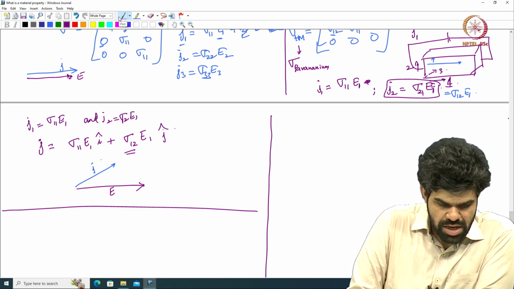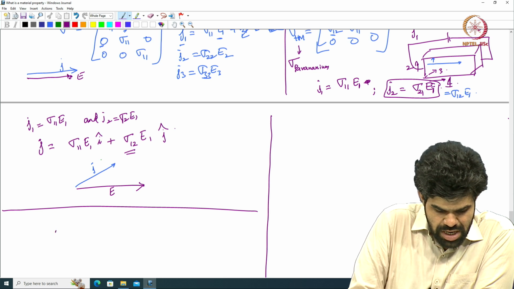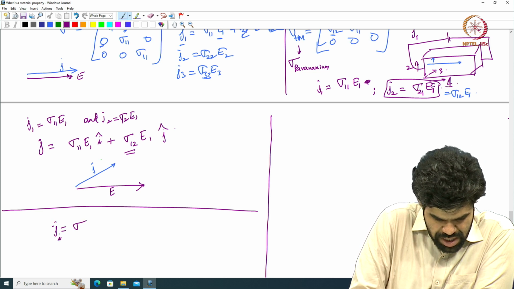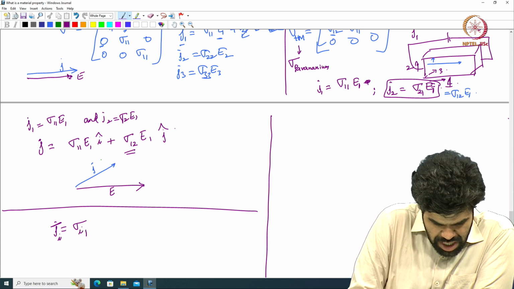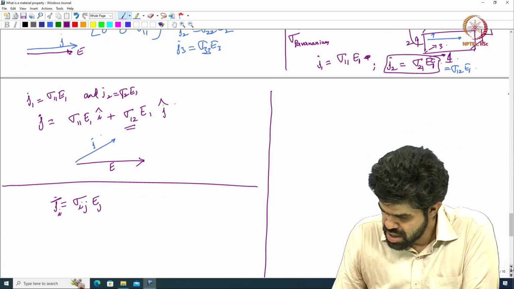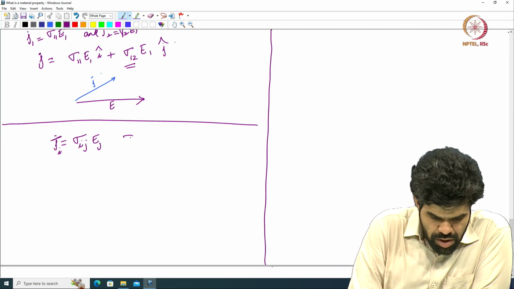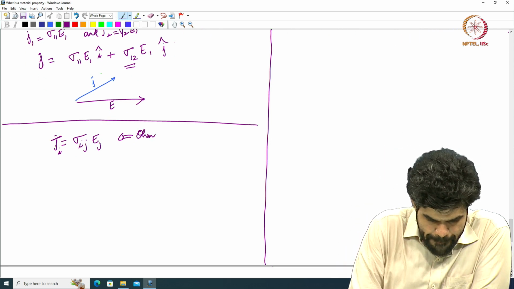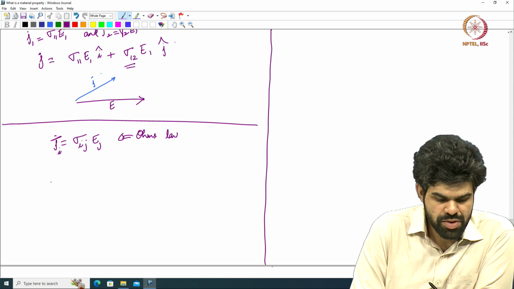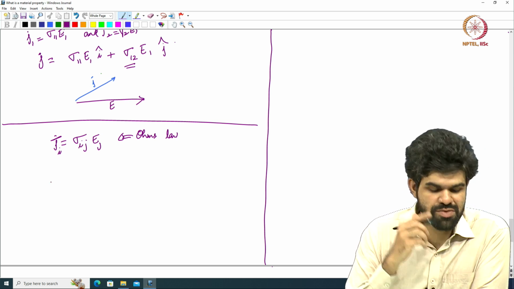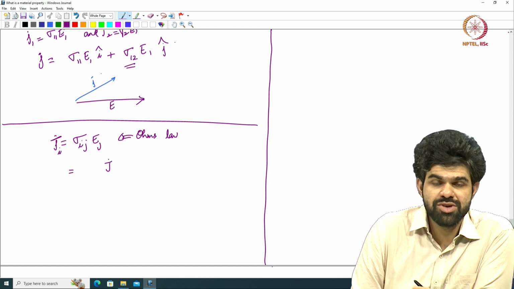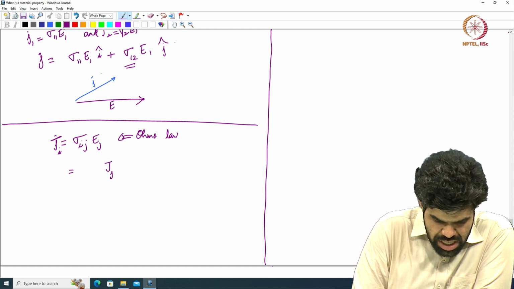Let us look at this: J equal to sigma E, or capital J i equal to sigma i j E j, right. So, this is traditionally Ohm's law. However, if I want to measure resistance, what did I say? I am going to apply a current as my cause. So, J j, right.